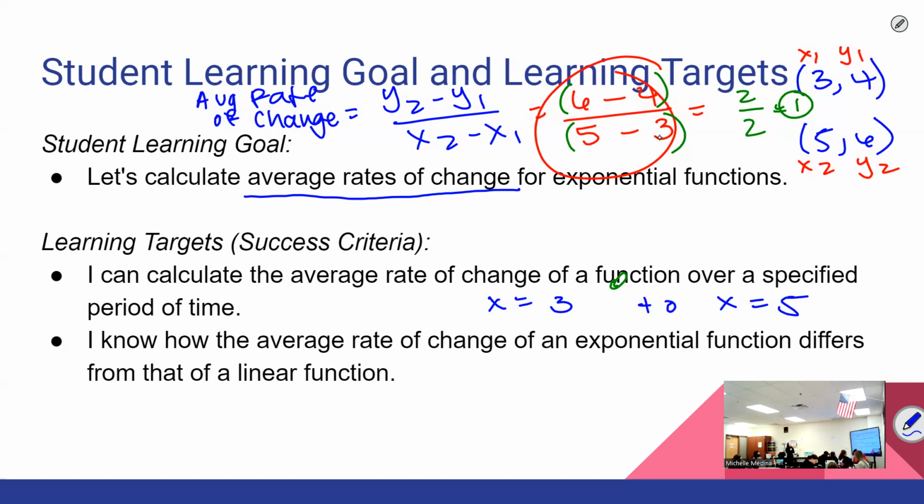I think average rate of change is easy, but usually on a test, they make you type in your answer, and because of that reason alone, students get it wrong. I don't know, they stress out. It's really just this. Pay attention to what time they want you to look at, remember the formula, plug it in and solve. Don't round unless they tell you what they want you to round.